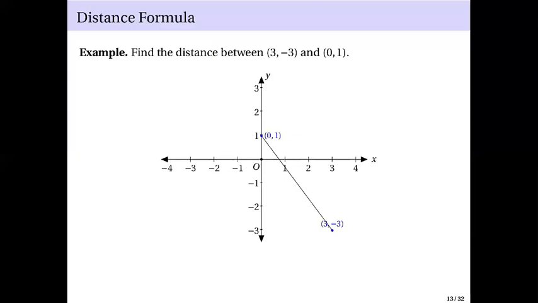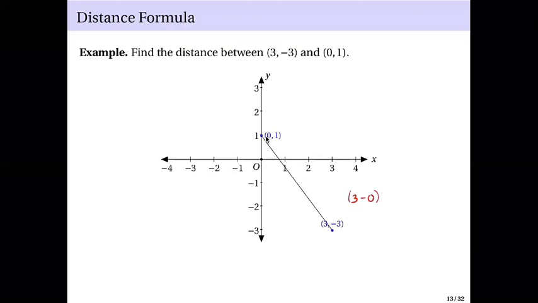Let's look at another example. So we will not draw the triangles here anymore. You have the point 0, comma 1, and then you have the point 3, comma negative 3. Find the distance between the two. You have the x coordinate here, minus the x coordinate there.